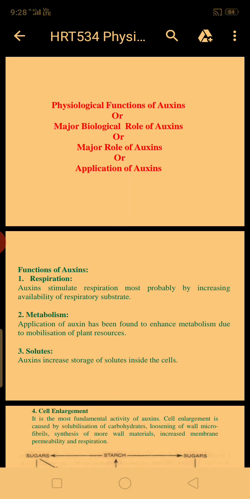First of all, respiration. You should know the role of oxygen in respiration, irrespective of its nature, synthetic or natural. In general, it has been assumed in much research that it will stimulate the rate of respiration because it increases the availability of the respiratory substrate.